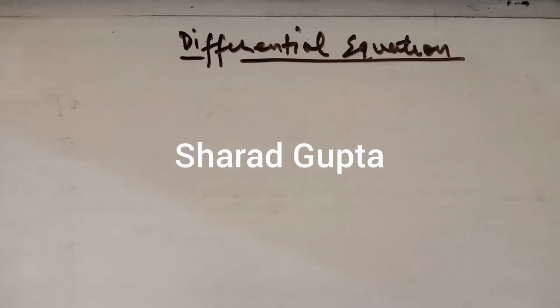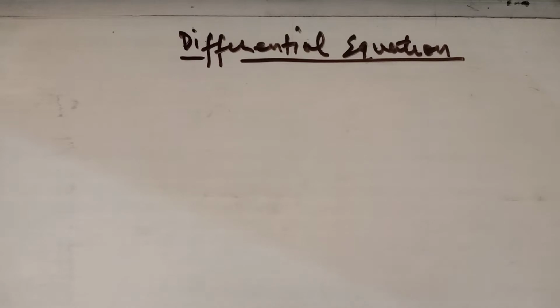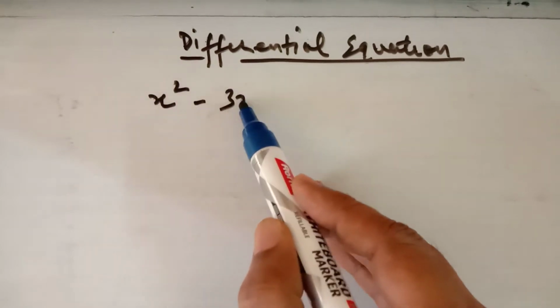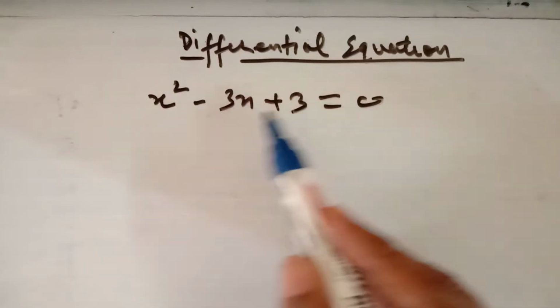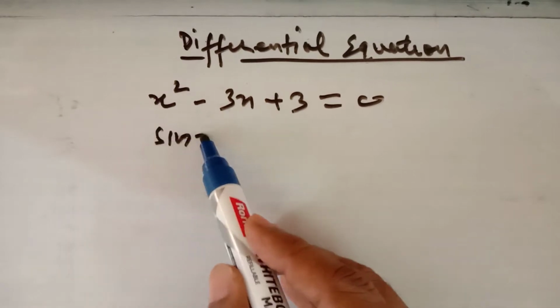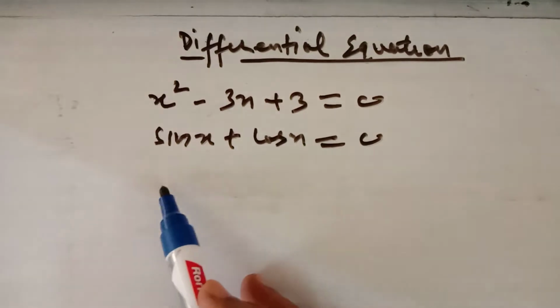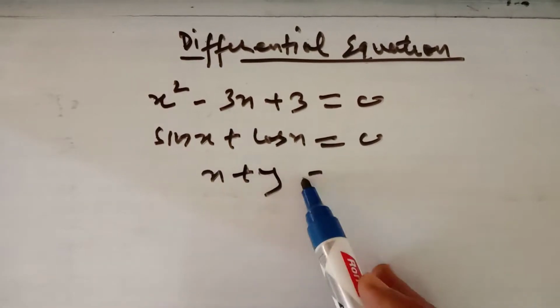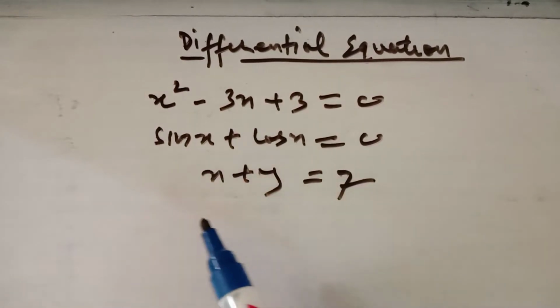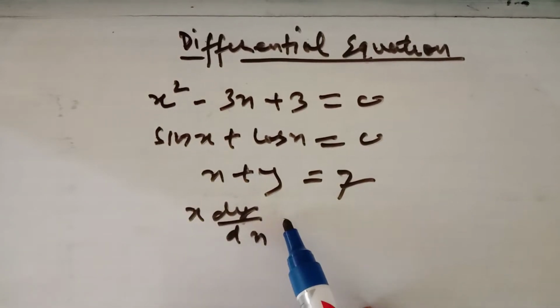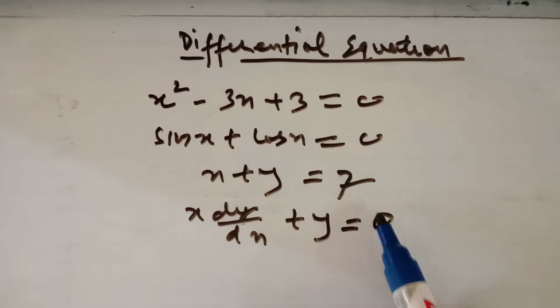Hello, this is lecture number 1 for the chapter differential equation, and first of all we'll discuss what is a differential equation. Now let us consider these equations: x plus y equal to 7, and let us take another, x dy/dx plus y equal to 0.